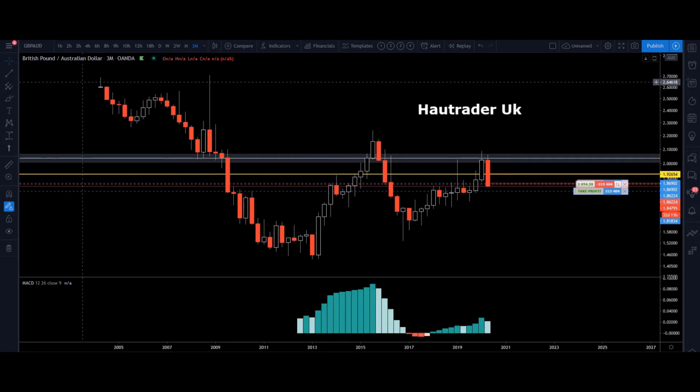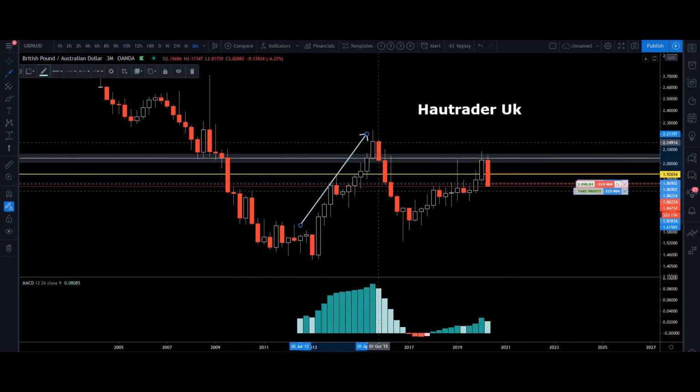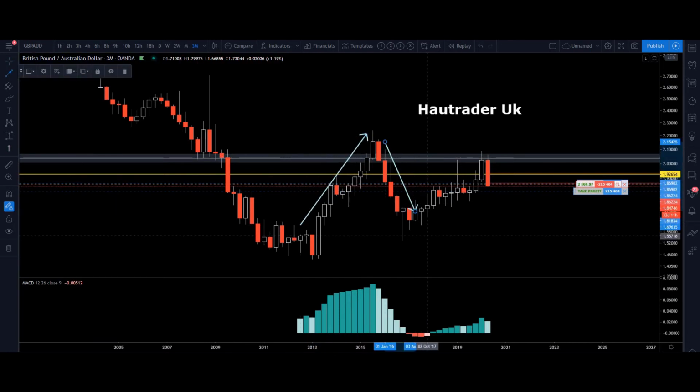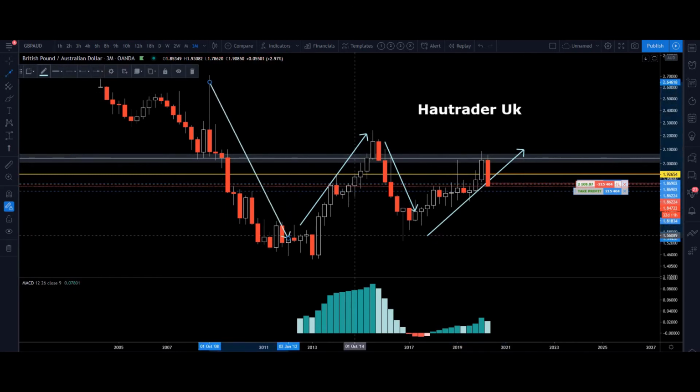We actually initially thought that this correction, which corrects this downtrend, still had some more northwards way to go.